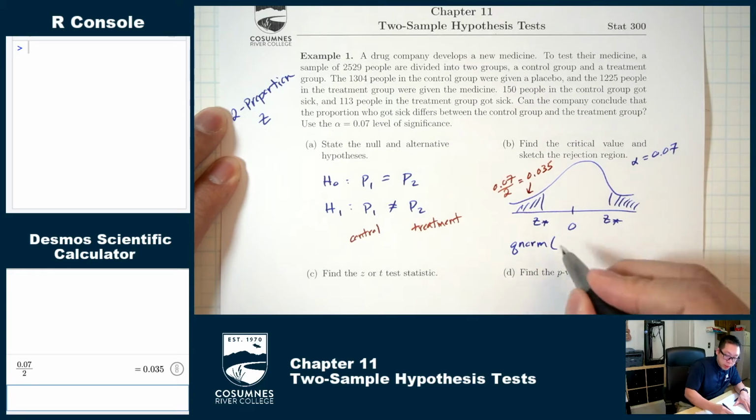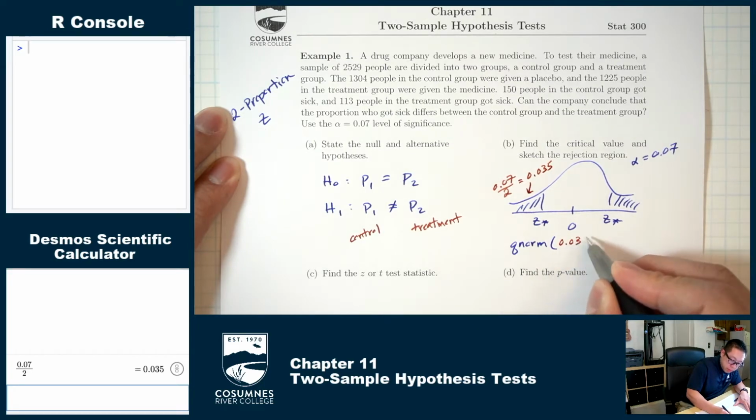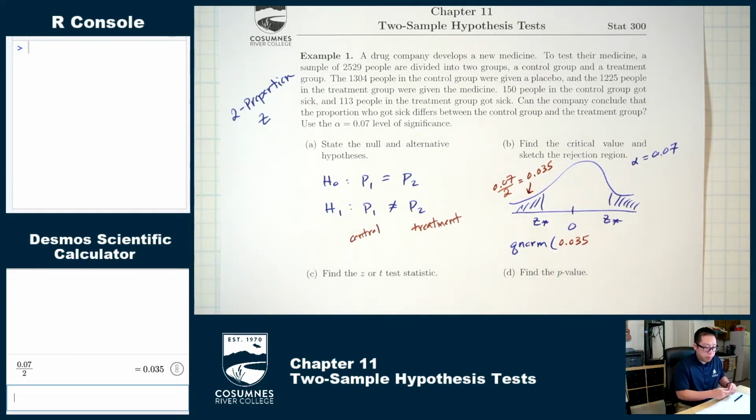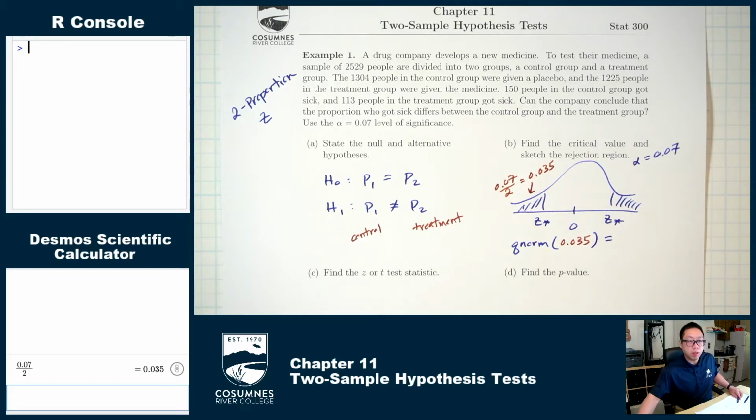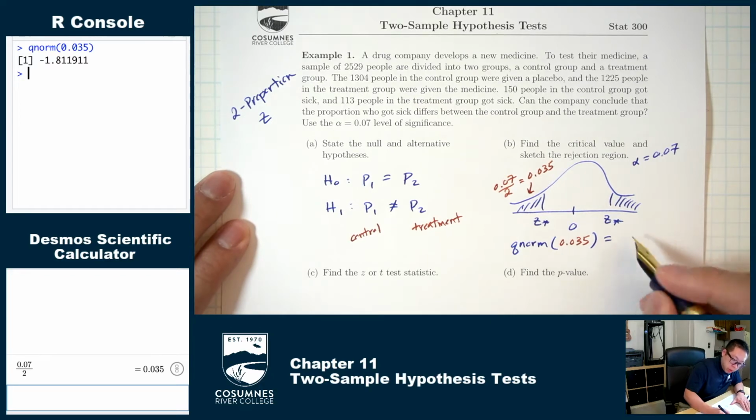Okay, that's the left area that I'm going to feed R. So we're going to Q norm 0.035. Negative 1.812.